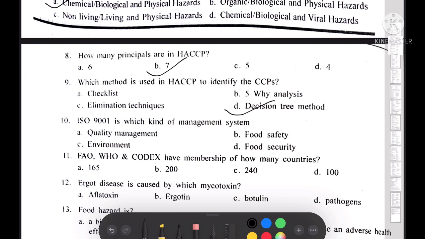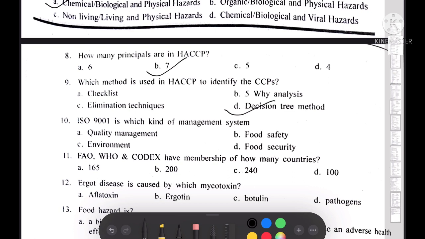Next, ISO 9001 is which kind of management? First of all, what does 9001 mean in ISO? It is defined as the international standard that specifies requirements for a quality management system, and organizations use this standard to demonstrate the ability to consistently provide products and services to the customer.